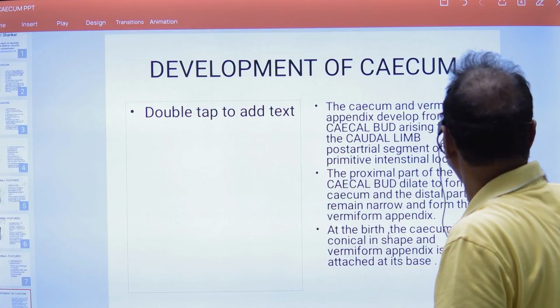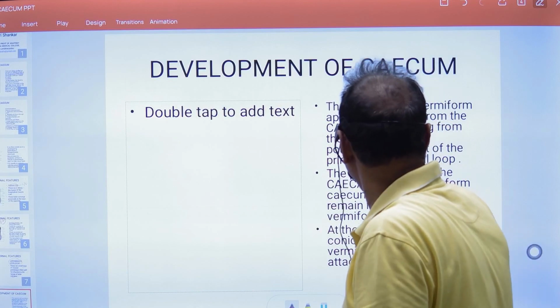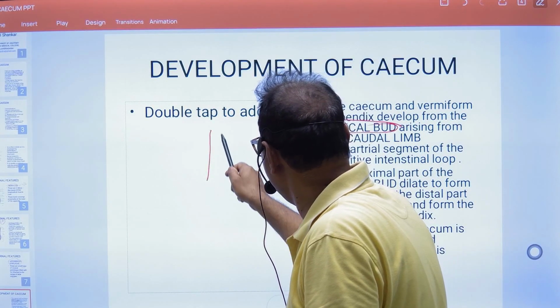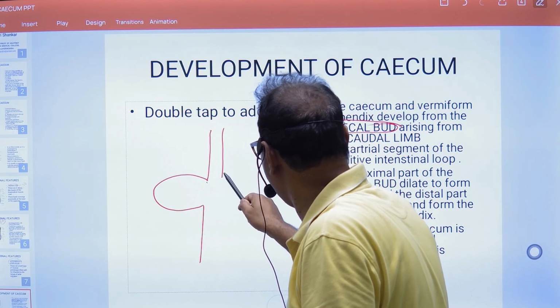Now coming to the development of the cecum. The cecum develops from the cecal bud. What is the cecal bud? In the primitive stage of our development, we have the foregut, the midgut, and the hindgut.